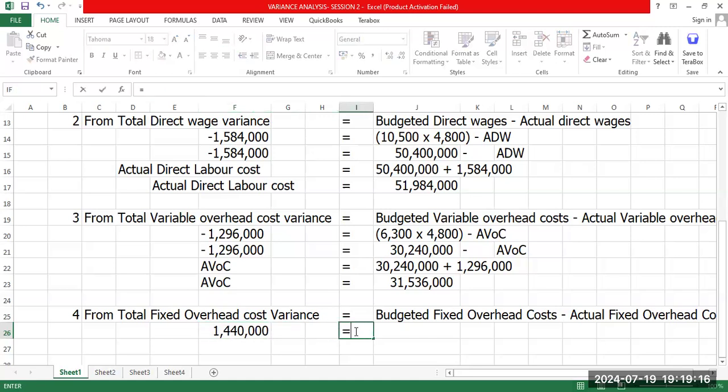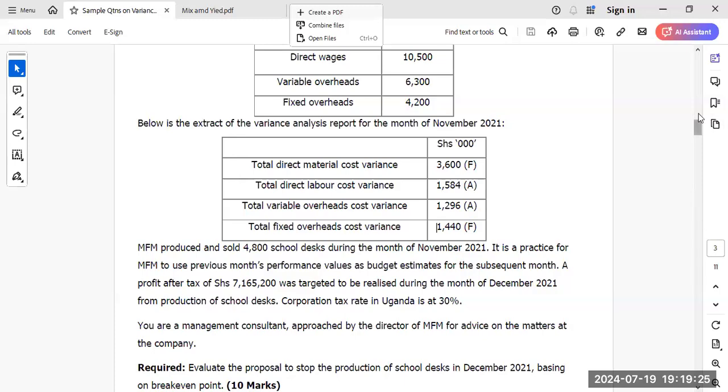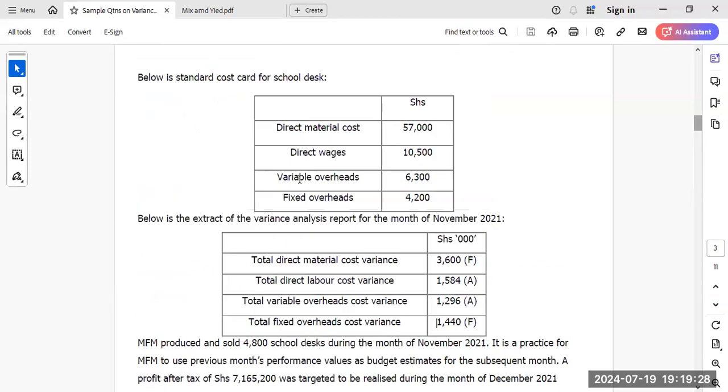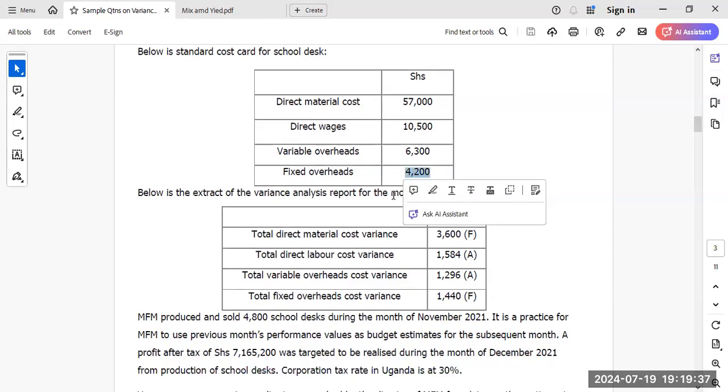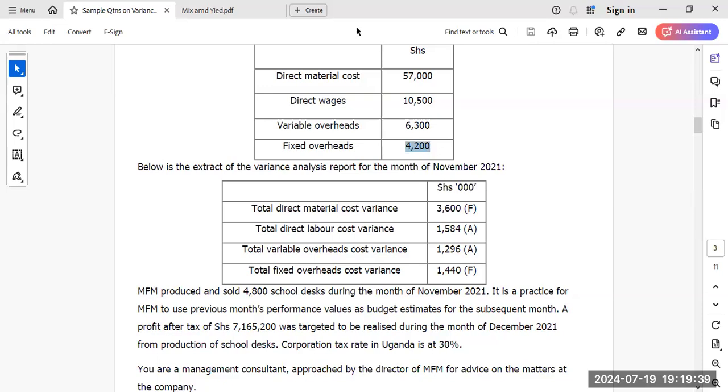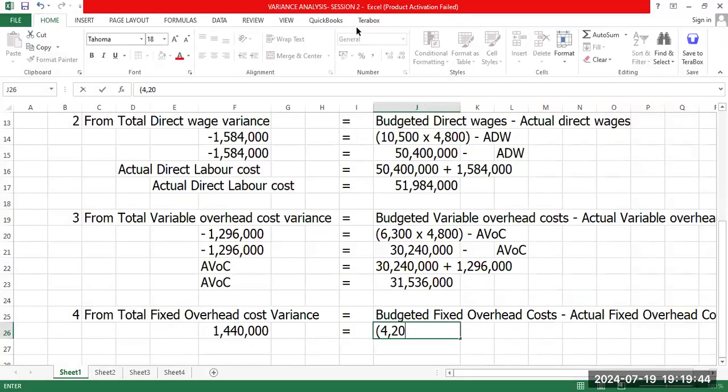Then we say is equal to, how do we get the budgeted fixed overhead? They told us that fixed overhead is 4,200 on every school desk. So we get this figure times the number of school desks, 4,800.